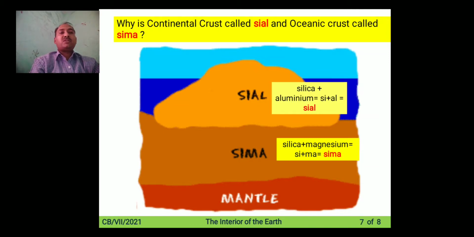These both elements are found in larger quantities in continental crust, so it is known as Sial. The crust found under the water is called oceanic crust, and in this crust silica and magnesium are greater in quantity compared to the rest, so it is known as Sima. So this is the information given to you about Sial and Sima, concerned with continental crust and oceanic crust.